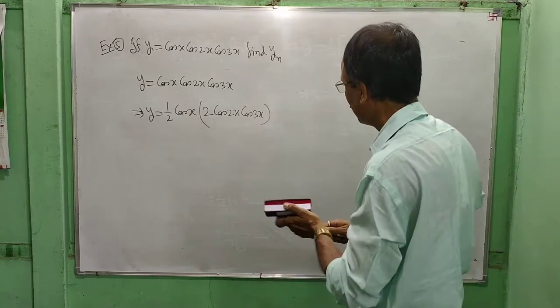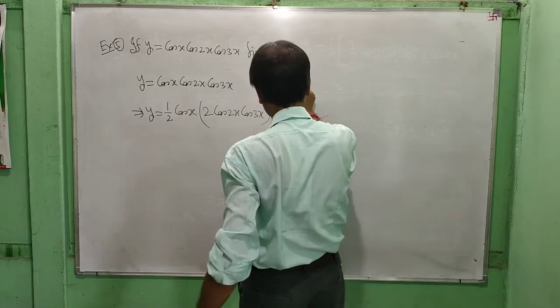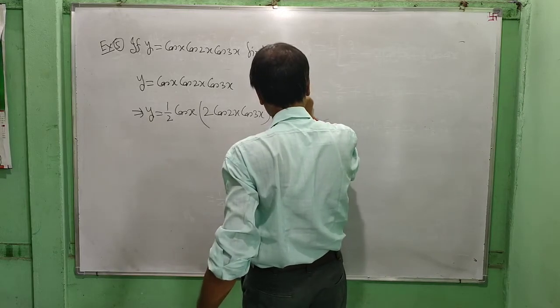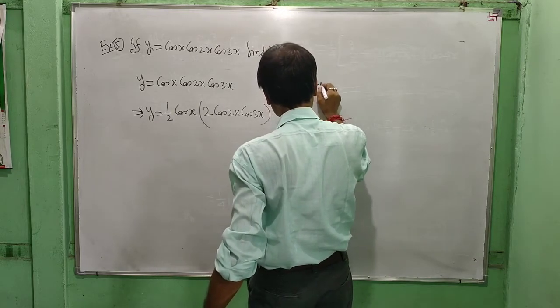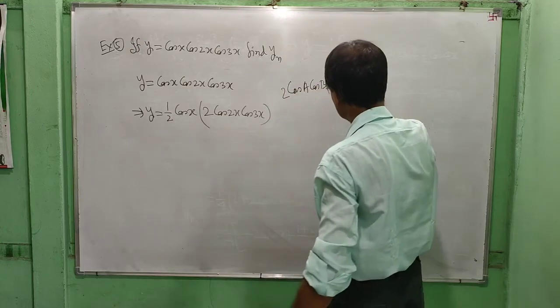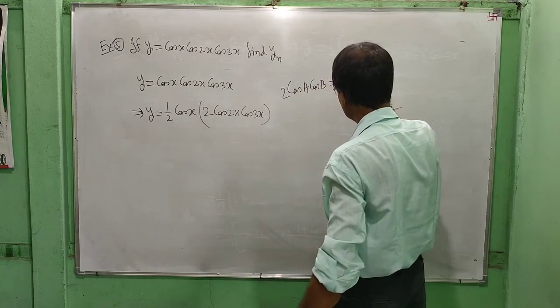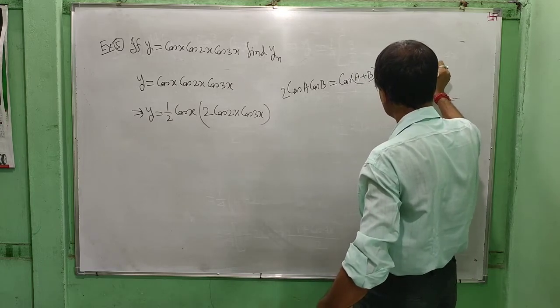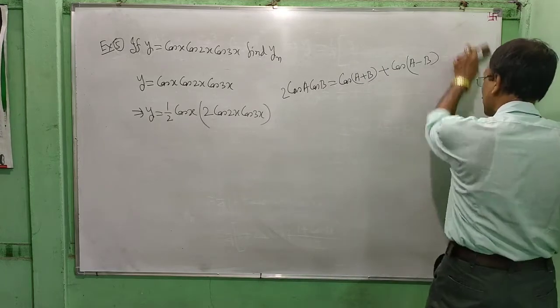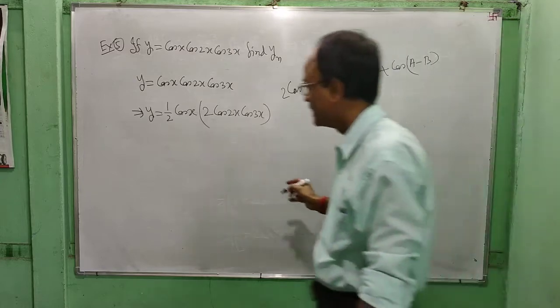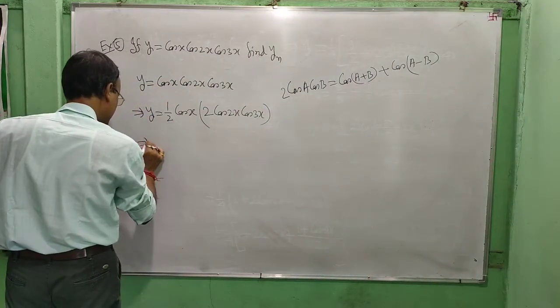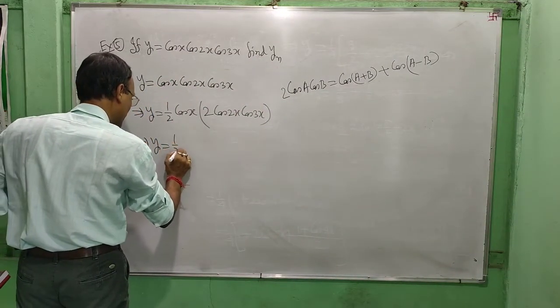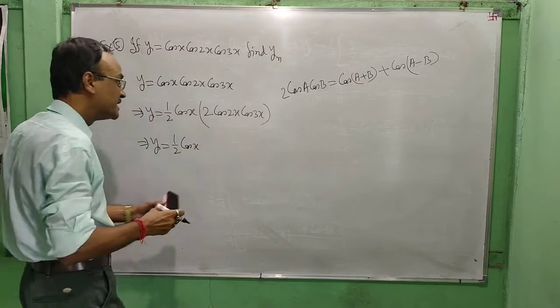Now, 2 cos A cos B is equal to cos(A+B) plus cos(A-B). Therefore, y equal to half of cos x.